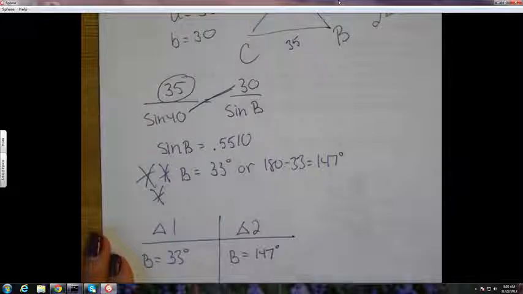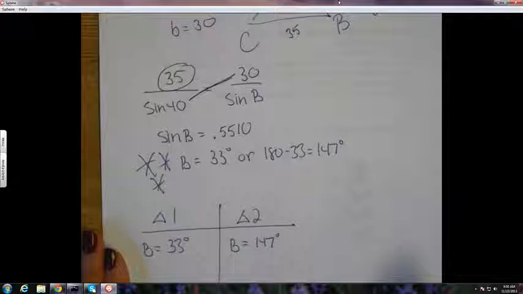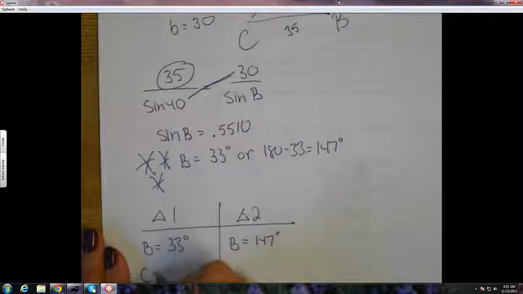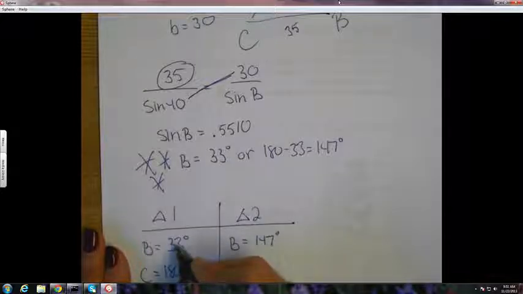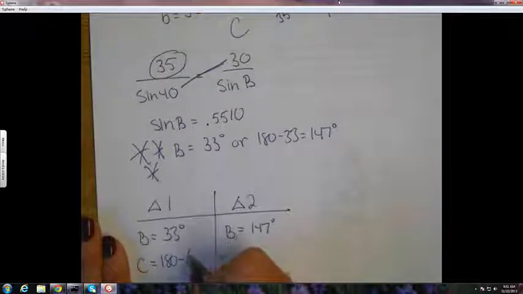Right now is where it's going to tell if that second triangle exists, when I go to find the last angle. What's my remaining angle that I've got to find? C. C is the last one. So 180 minus, I found the 33 and I started with a 40. So 33 plus 40.